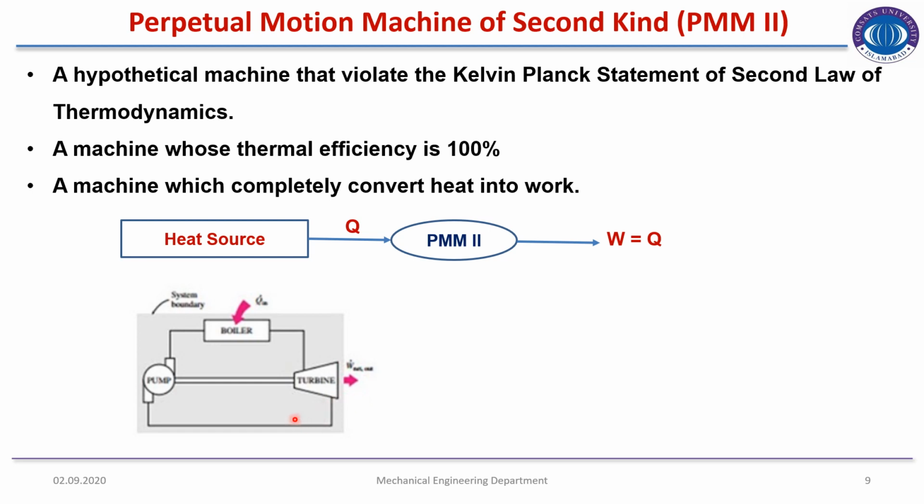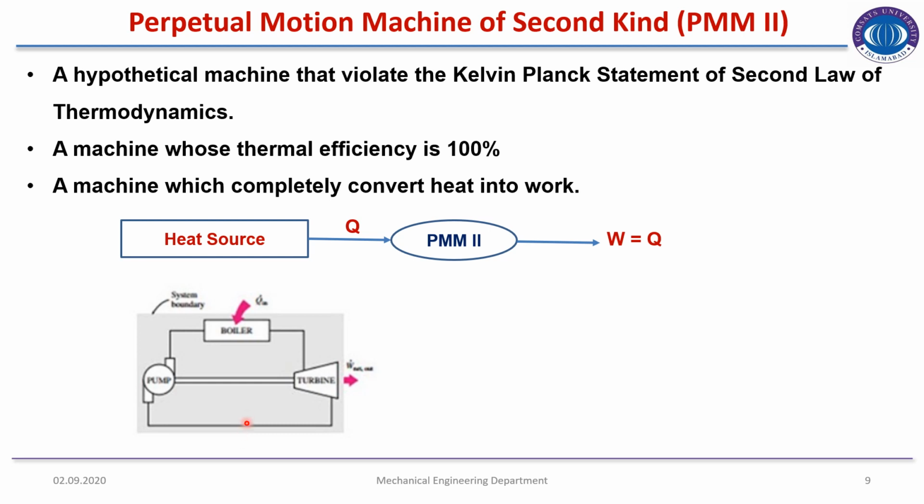Normally you will see a condenser here, but in this schematic diagram that portion, the condenser, has been deleted. A condenser is a device used to reject heat into the atmosphere.